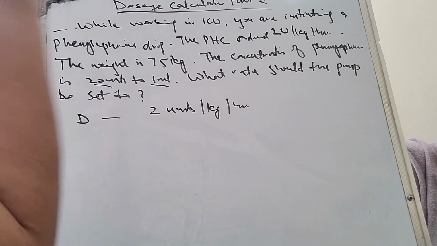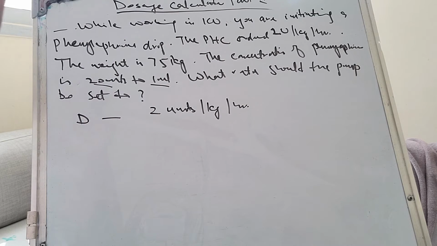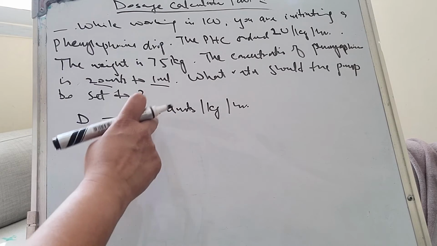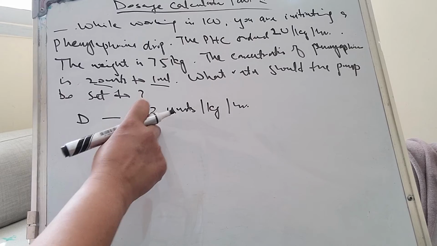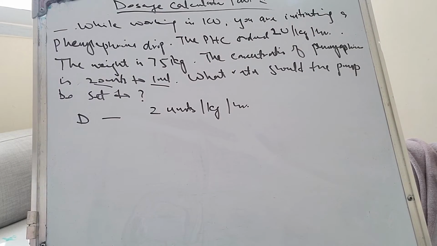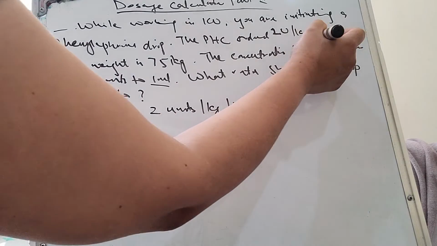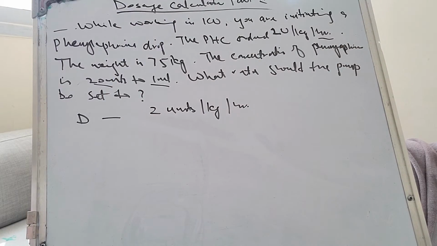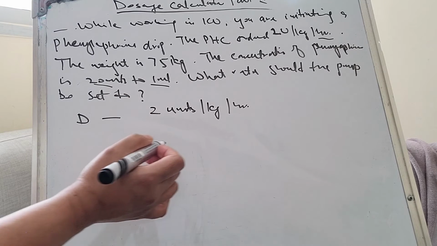In the first question, you remember, the question was the same but there were minutes. So what we did was desired multiplied by kg multiplied by 60. But here we will not multiply by 60 because they mention hour, not minutes. Whenever minutes are there, you have to multiply by 60 to convert into hours.